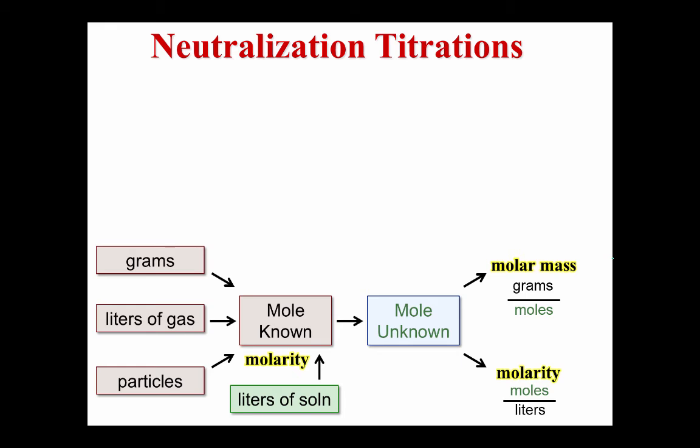Remember, the molar mass is measured in grams per mole. We'll again begin with the liters of the known solution. We'll use the molarity to convert liters into moles. Then, using the mole-to-mole ratio, we'll convert from moles of known to moles of unknown. And finally, we can plug in that number along with the grams of unknown to determine the molar mass.